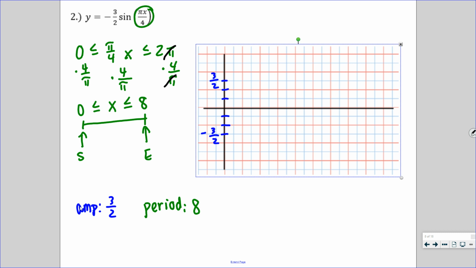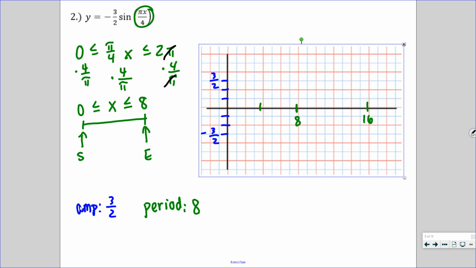All right, now, again, we have to graph 2 full periods. So I count over 8 boxes. 2, 4, 6, 8. Call that 8. 8 more boxes. Call that 16. From there, I would at least label the halves. So halfway would be 4.